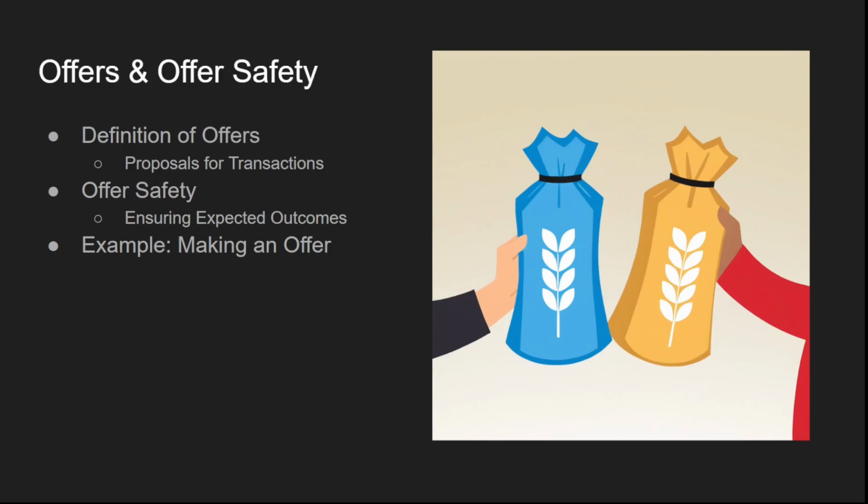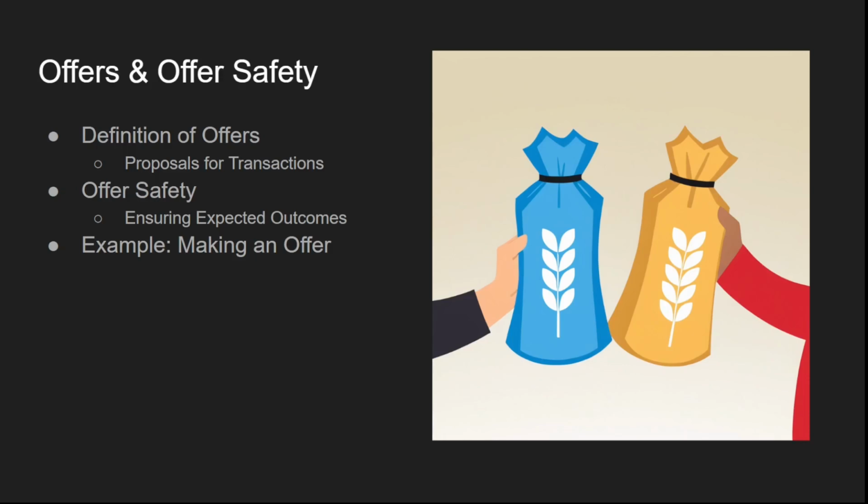Bob's smart contract reviews the offer. If the offer meets the contract's terms and conditions, it is accepted. The transaction is completed. Alice receives the digital artwork, and Bob receives the 50 USD coins.